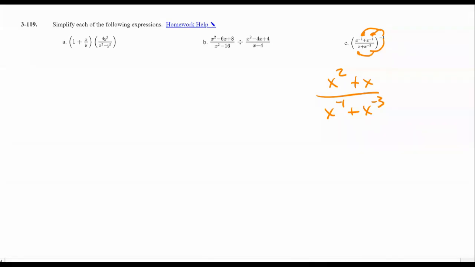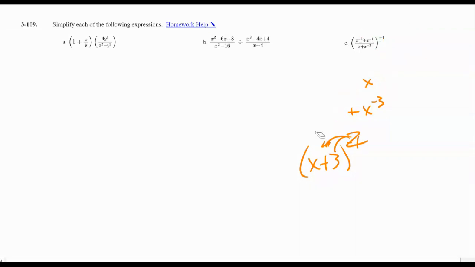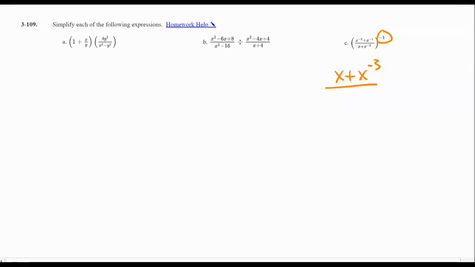I actually think that when we're dealing with this one, because there's the addition, remember when we have something like x plus 3, we can't distribute that, or if it was squared or something. So I made a little mistake there. Instead of distributing that -1, I am going to take the reciprocal of the whole thing. Because it's to the power of -1, I'm going to say x plus x to the power of -3, and x to the power of -2 plus x to the power of -1.